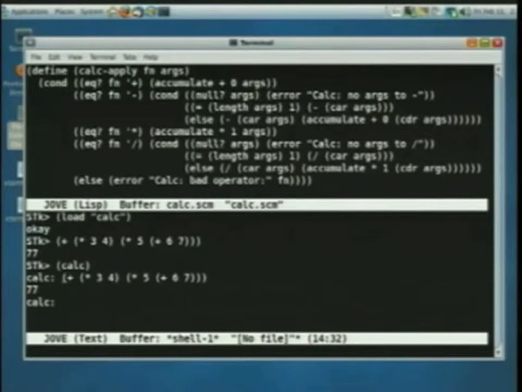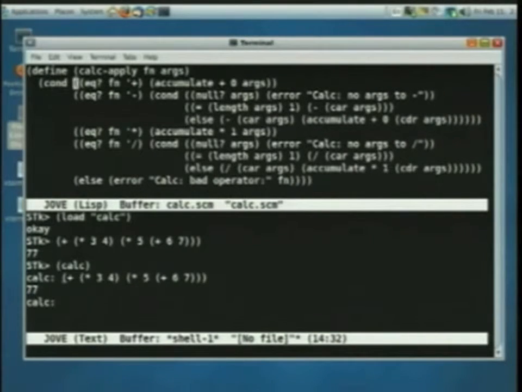And so instead, the first argument to apply is the symbol that names the function we want to use. So it's the plus sign or the minus sign, et cetera. It's a little bit like the distinction between applicative and normal order, except that instead of being about the arguments, it's about the operator, the function that we're calling. And we give the name of the function rather than the function itself, because there's no way to represent that in our calculator. We're going to look at a still somewhat simplified Scheme interpreter that does have first-class procedures, and you'll see how that works differently.